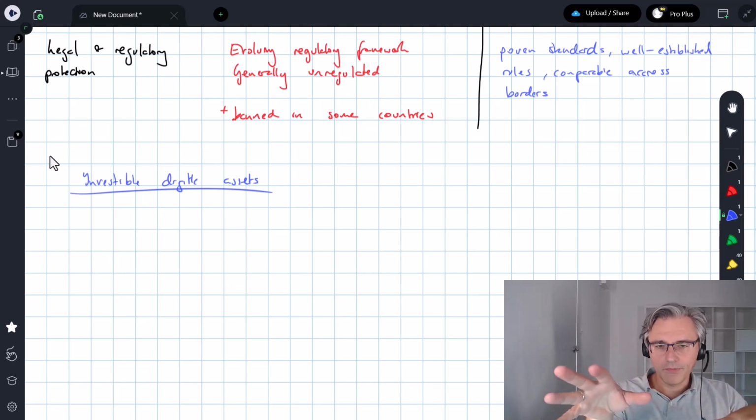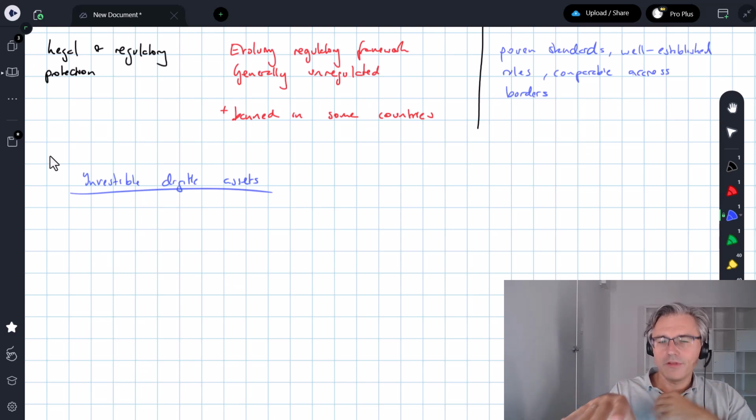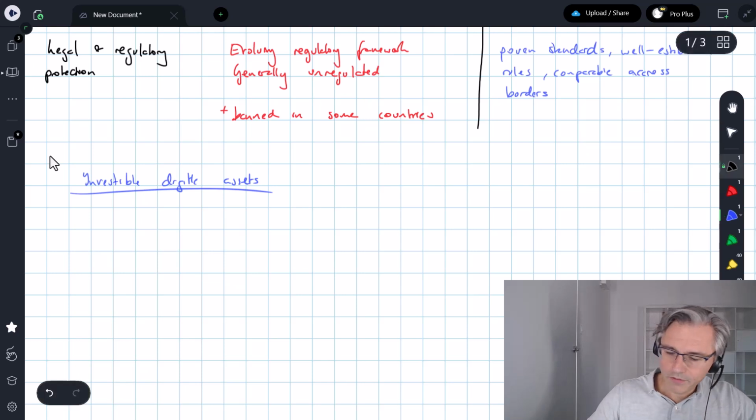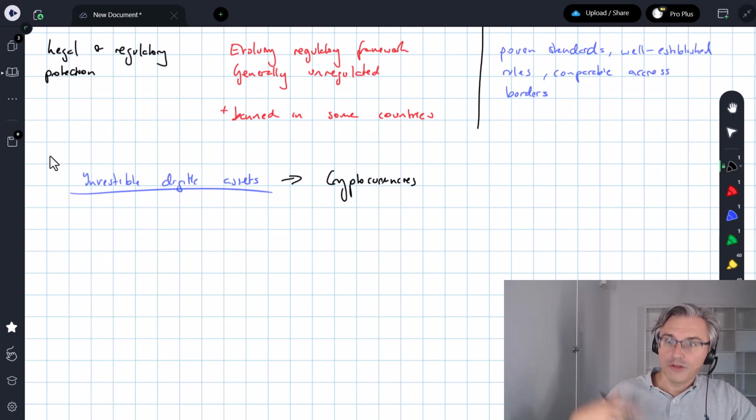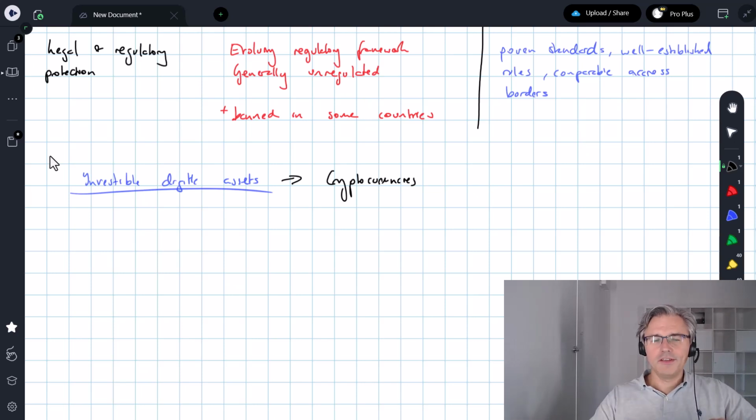I now want to focus more specifically, because this is what your book does at this point, on crypto, so cryptocurrencies, and drill down into how your book segments this space in the market.